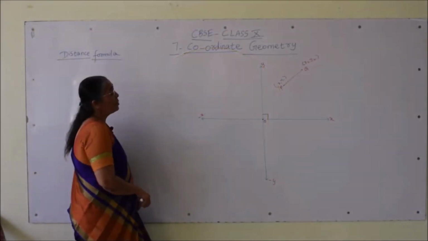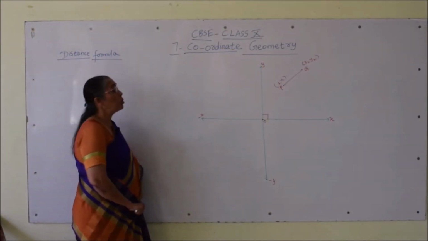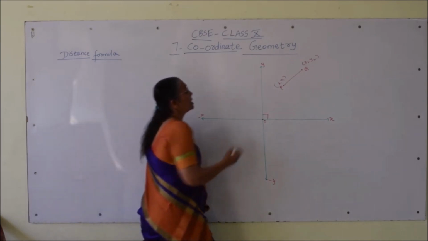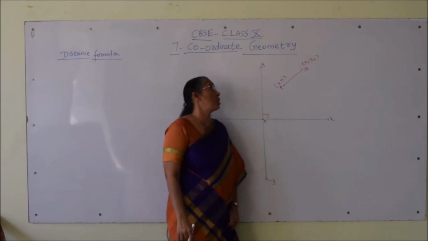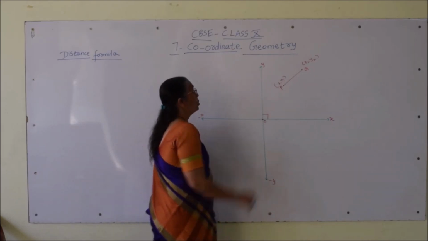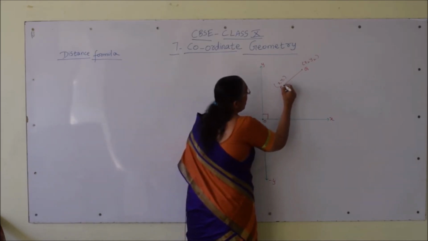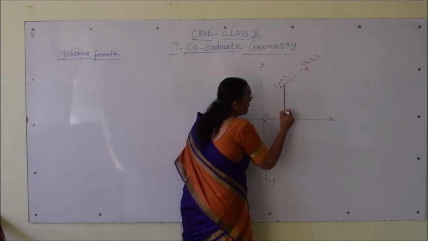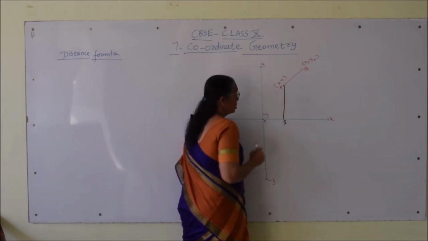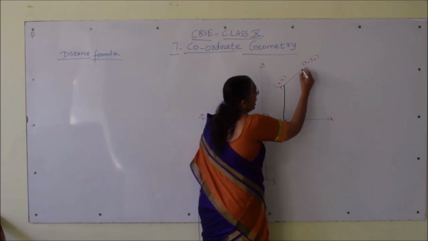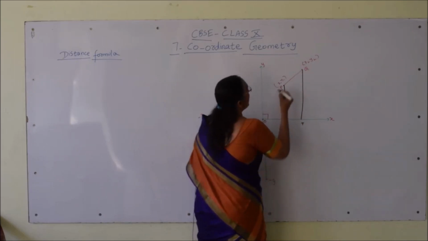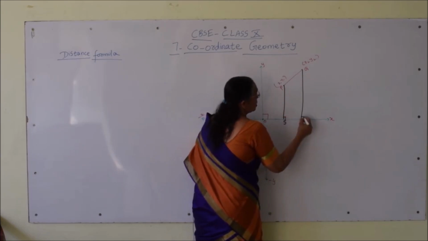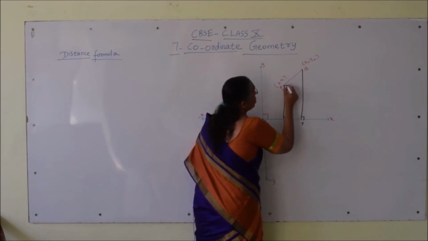Now let us derive the distance between 2 points. The point P is x1, y1 and the point Q is x2, y2. So first drop a perpendicular PS on the x-axis and QT on the x-axis, and even drop another perpendicular from P on QT.